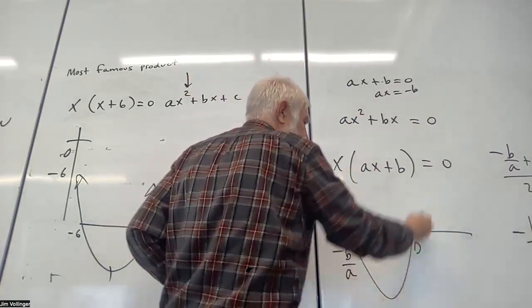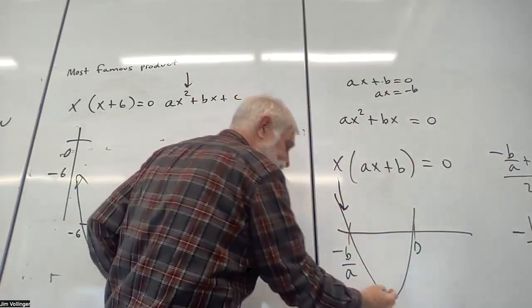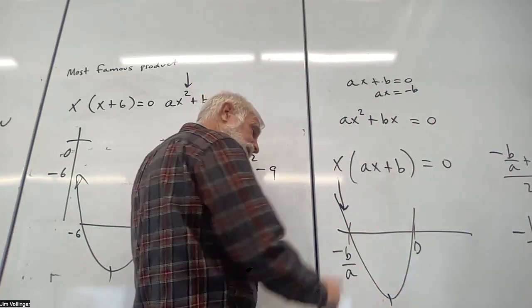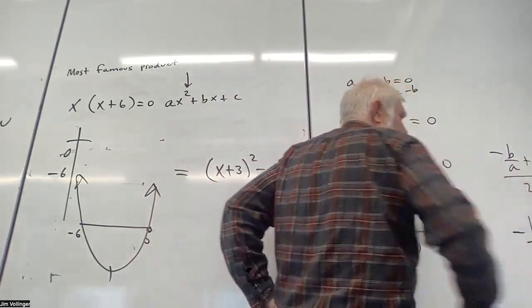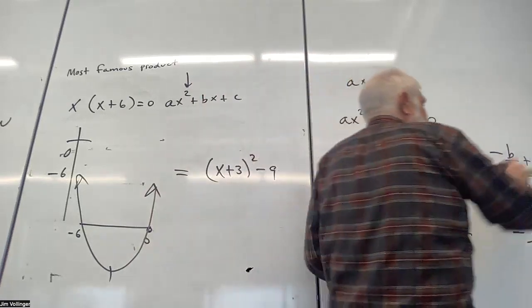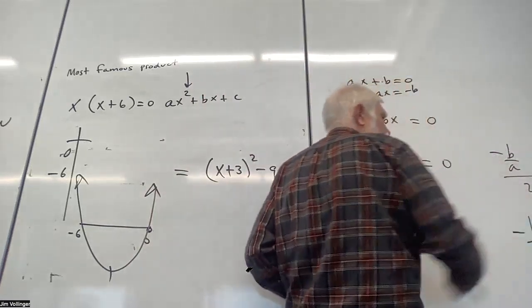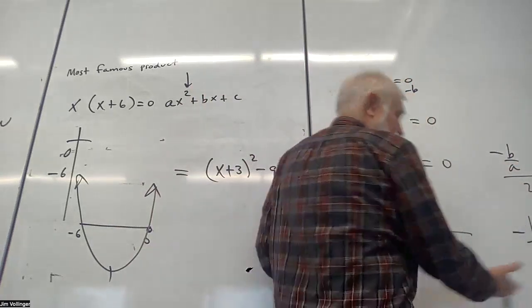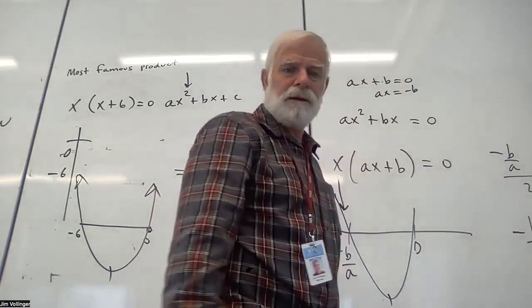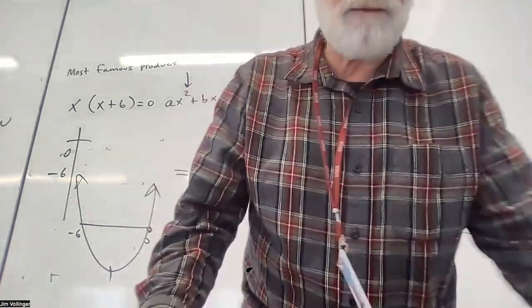And we know we've got cup shapes up or down, but what's right in the middle is the average of these two numbers. So I added those two numbers up and divided by 2. That's basically minus b over a divided by 2. When you divide by 2, you're really multiplying something by a half. And there's your minus b over 2a, which I didn't have the camera on too well.